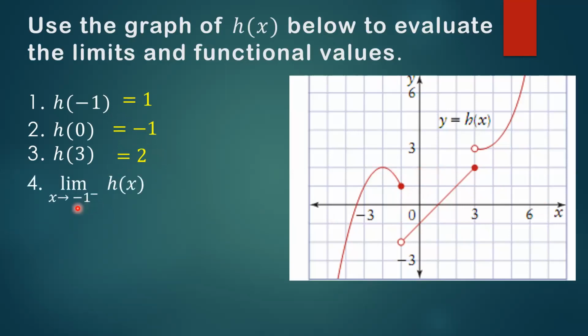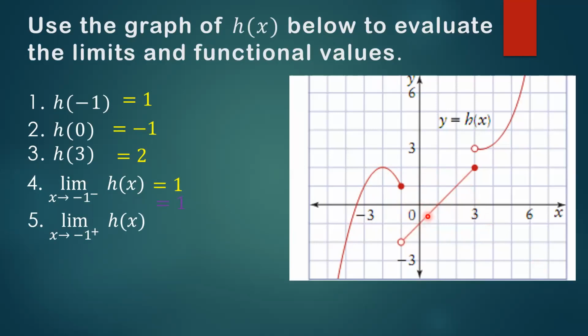So if we look for the limit of h of x as x approaches -1 from the left, we are examining this behavior. As x approaches -1 coming from this side, from the left, it approaches this value, so the y it's approaching is again +1. Whereas if it's coming from the right side of -1, we will be examining this behavior.